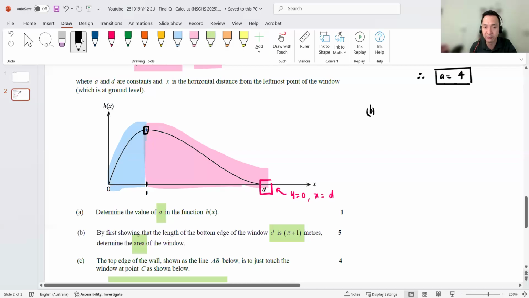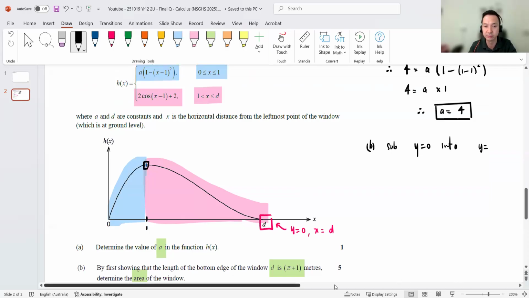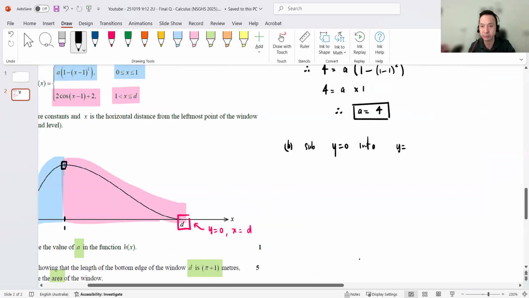So for D, sub y equals 0 into y equals 2, the pink function there, of cos. So 2 cos(x minus 1) plus 2.